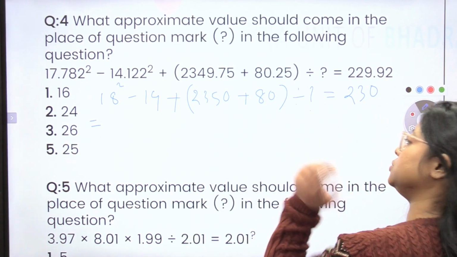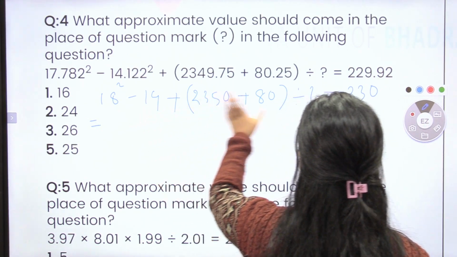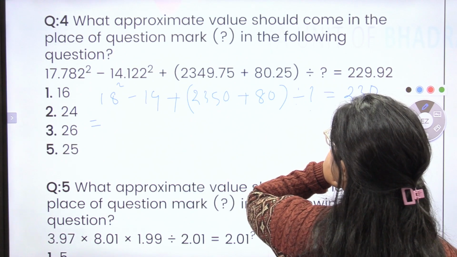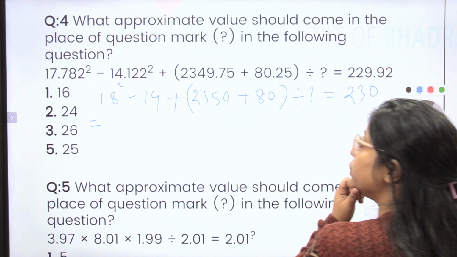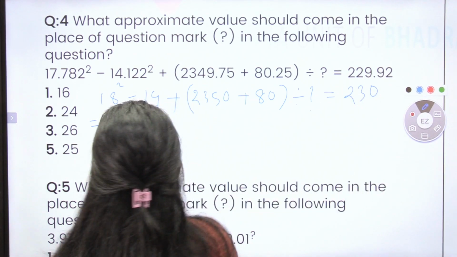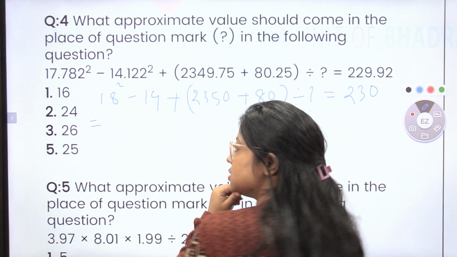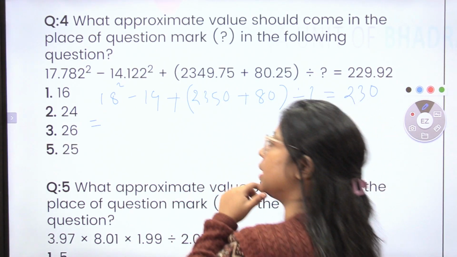Now solve according to the BODMAS rule. We have addition, subtraction and division, but with division here you have question mark. So what do we need to solve first? I need to solve the addition one first. Before that, you can put the values of 18 square.